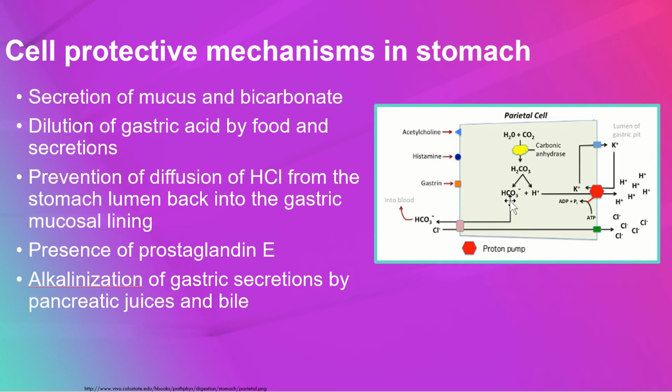You have dilution of gastric acid by food and secretions. You have prevention of diffusion of HCl from the stomach lumen back into the gastric mucosal lining, and it's important to have your prostaglandin E, and alkalization of gastric secretions by pancreatic juice and bile.